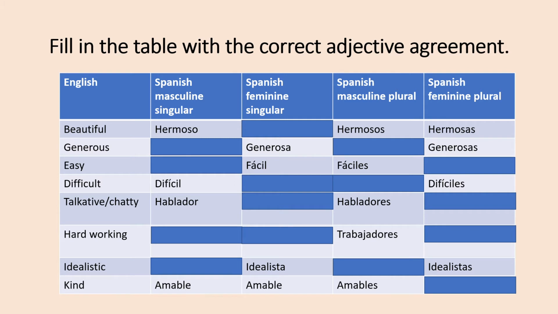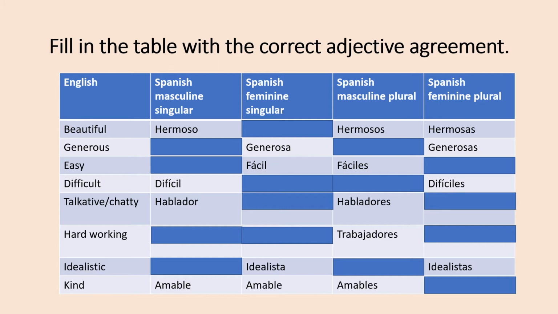Okay, using your notes, or you can always go back to a little bit earlier in the video, I'd like you to fill out this table with the correct adjective agreement. Let's do the first one together. We have the adjective beautiful, and in Spanish, we know that to be hermoso.